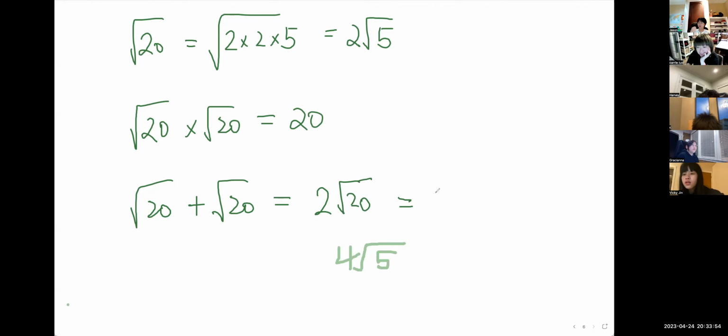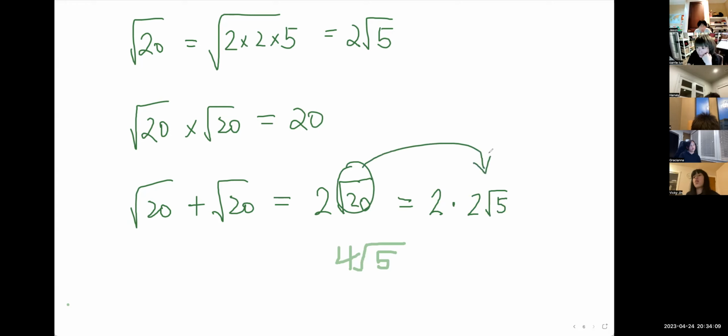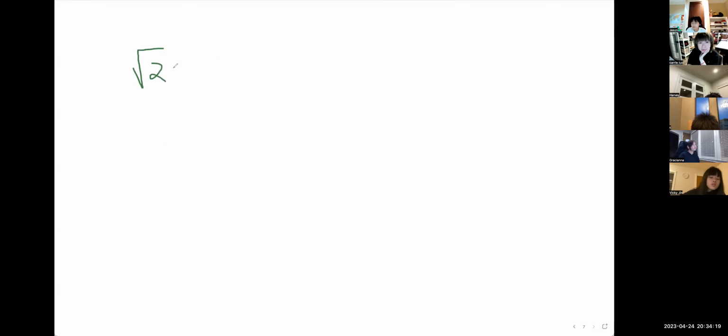Okay, Kevin gave only half. So it's 2 times, because I know square root 20 equals 2 square root 5. Correct, Vicky? Graciana? Okay, so 2 times 2 is what? Equals 4 square root 5. Understand everybody?